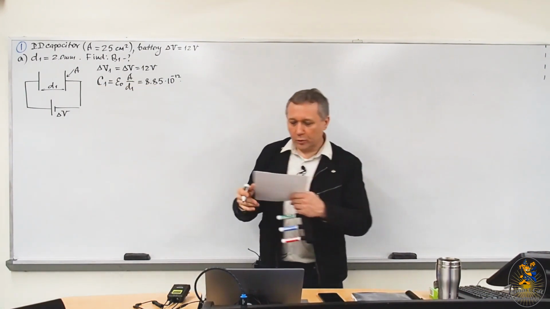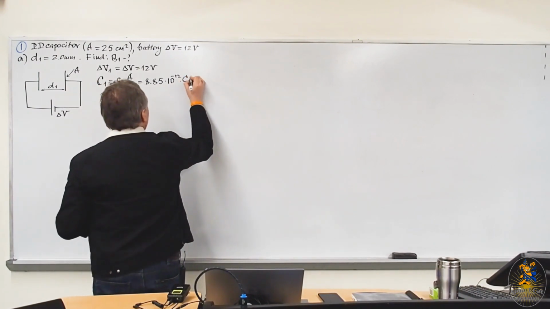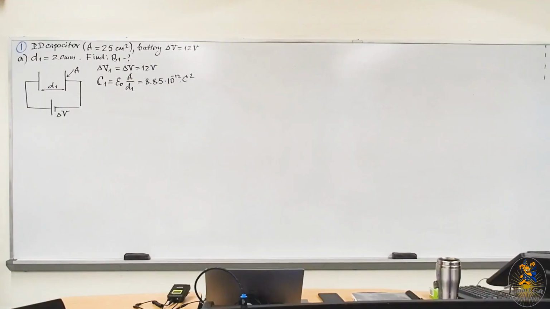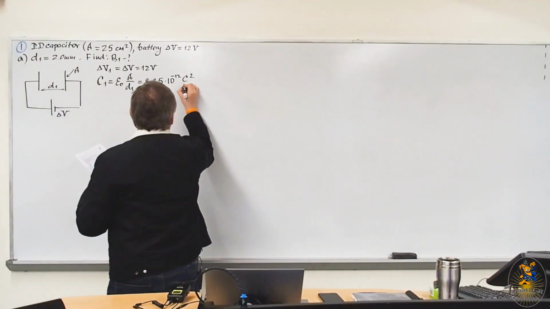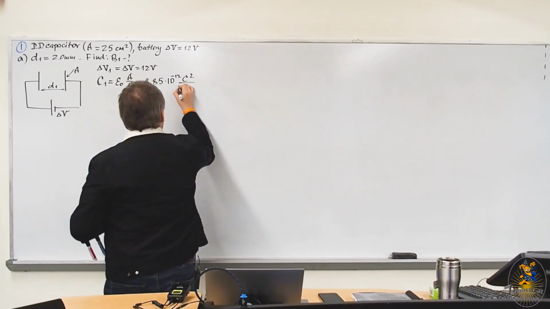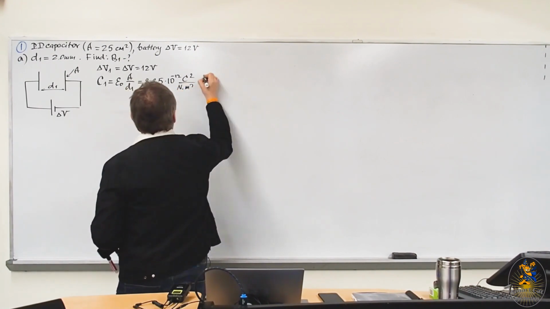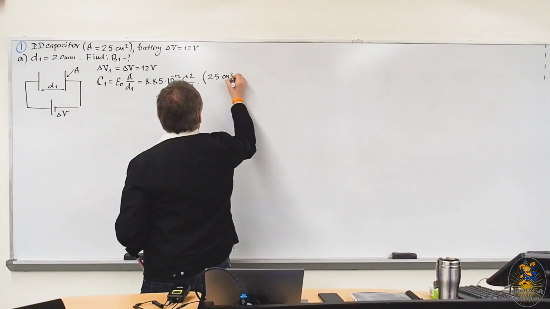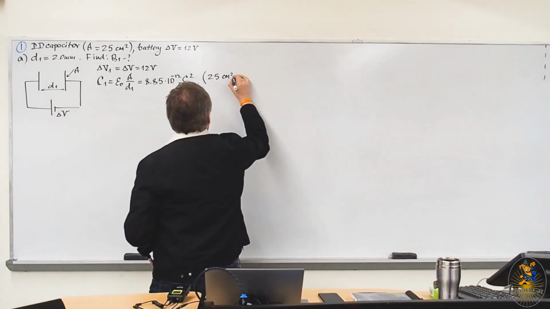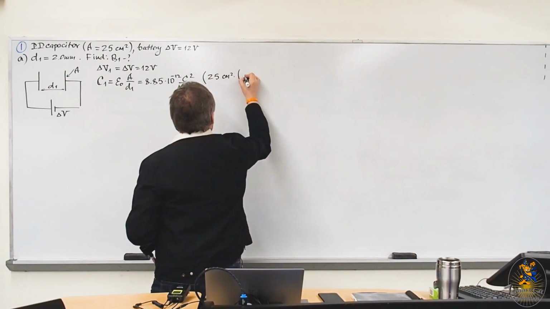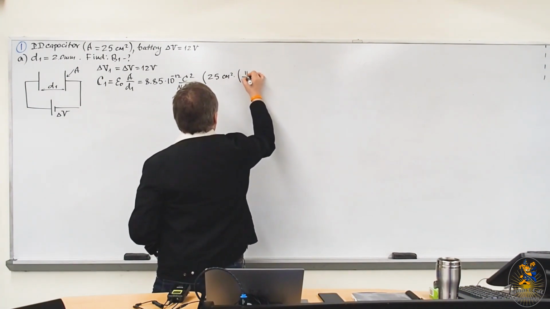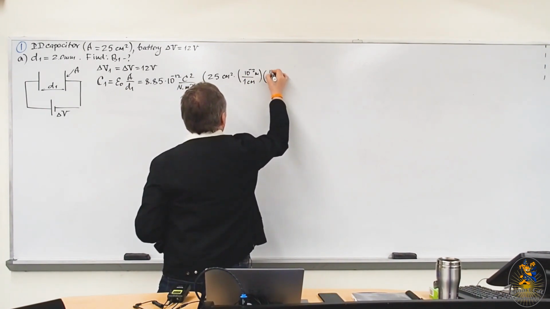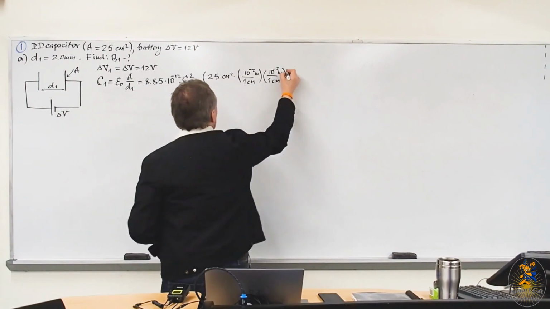I need to write units, because we have weird units for area and for the distance, so I need to show that they will eventually cancel and give the correct units at the end. So newtons times meter squared. The area is 25 centimeters to the power of 2, so we need to get rid of those centimeters. To do that, we write 1 centimeter is 10 to the power of minus 2 meters, and then again the same ratio, 1 centimeter is 10 to the power of minus 2 meters.